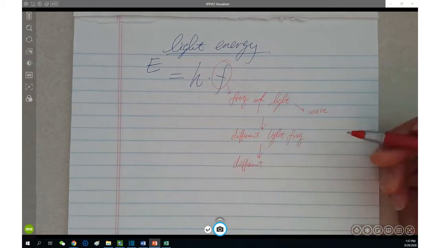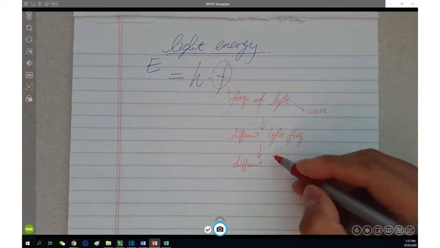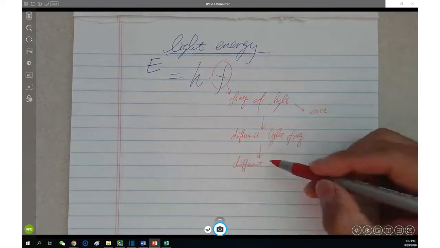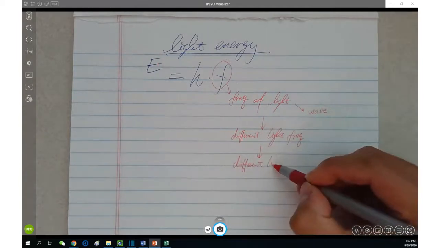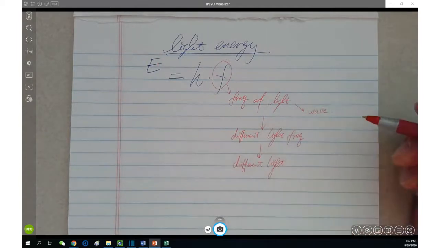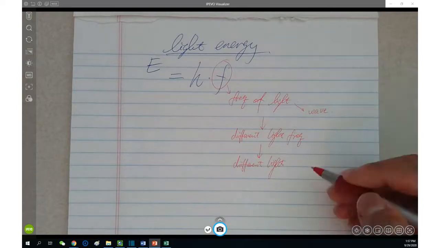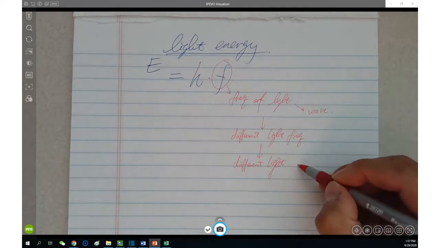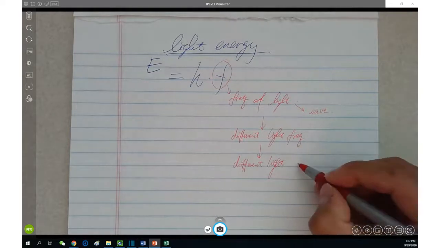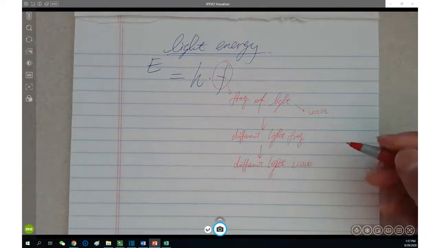Different light frequency gives you different light energy, of course. But different light frequency means different light what? Is it color? Wavelength and the color. Very good.